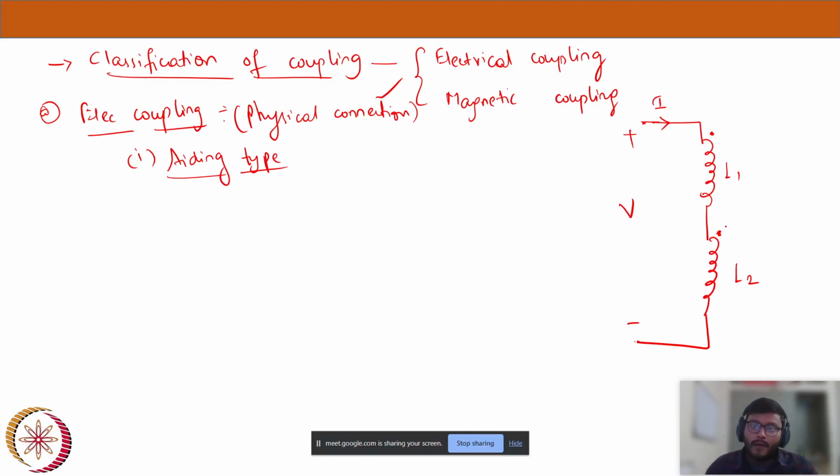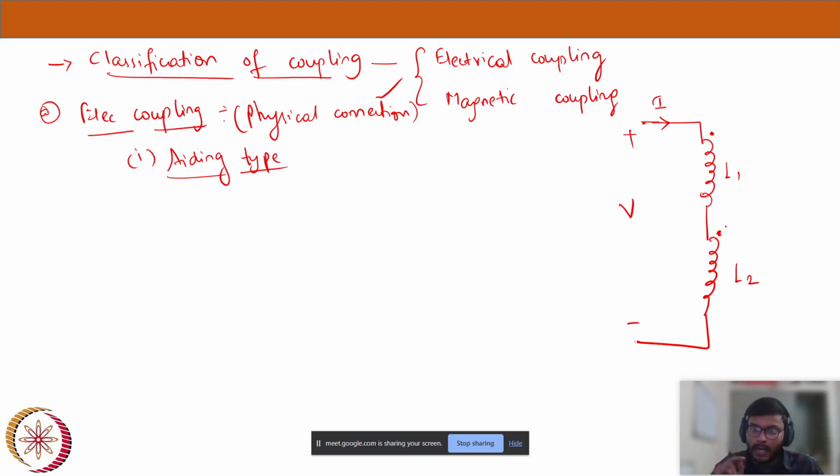When two coils are connected in series, this is how the circuit will look. And when there are two coils, we know that there exists a mutual inductance.